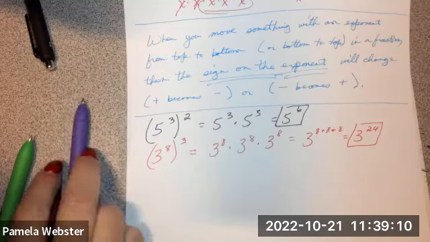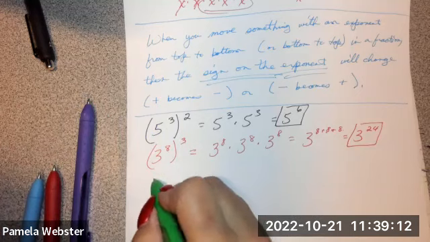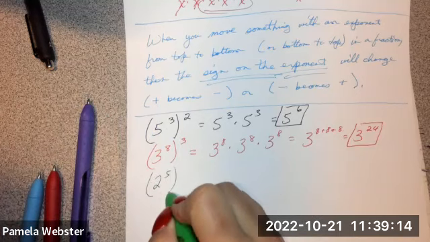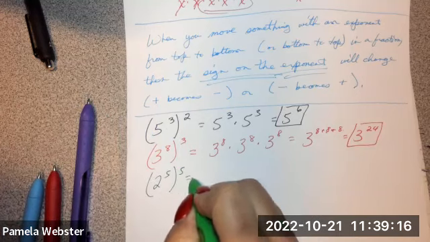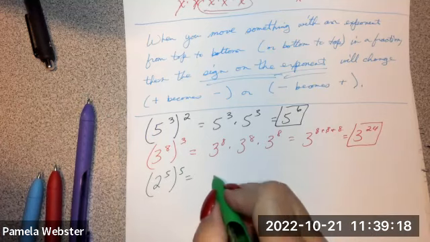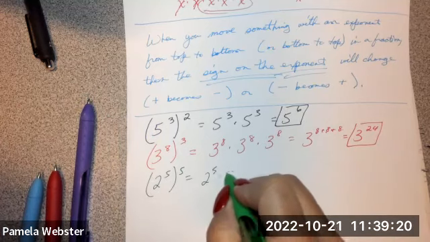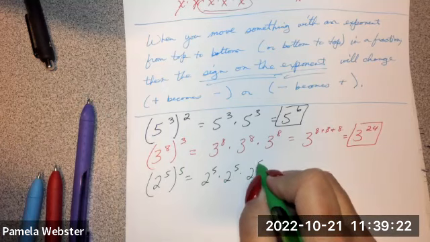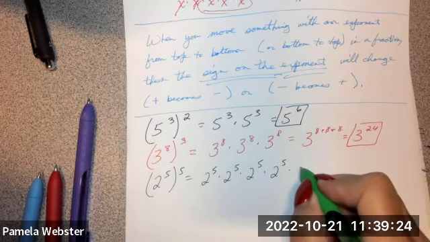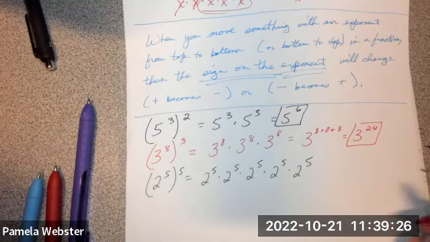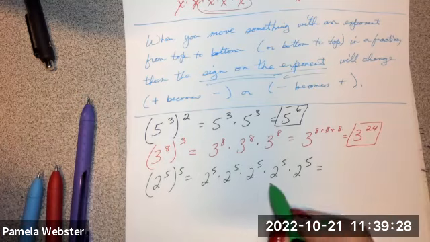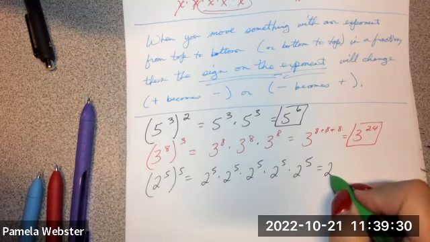So let's try one more and see if it still holds. What if it was 2 to the 5th raised to the 5th? Well, that would be 2 to the 5th times 2 to the 5th times 2 to the 5th times 2 to the 5th times 2 to the 5th. I need 5 of them, right? And we know these are all multiplied together. They've all got the same base.